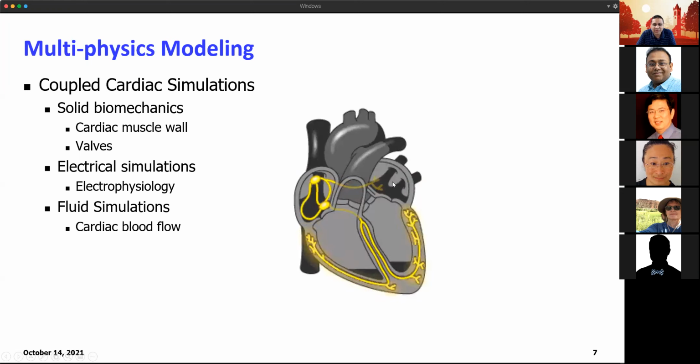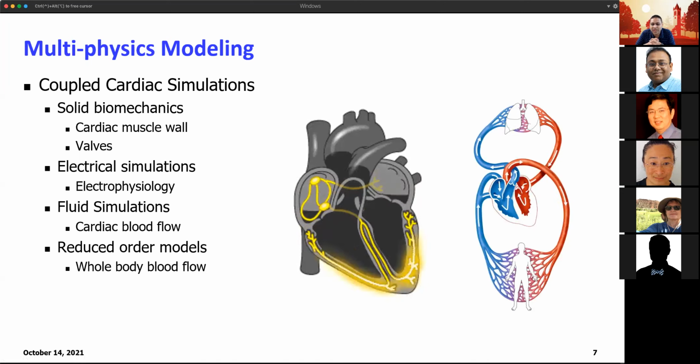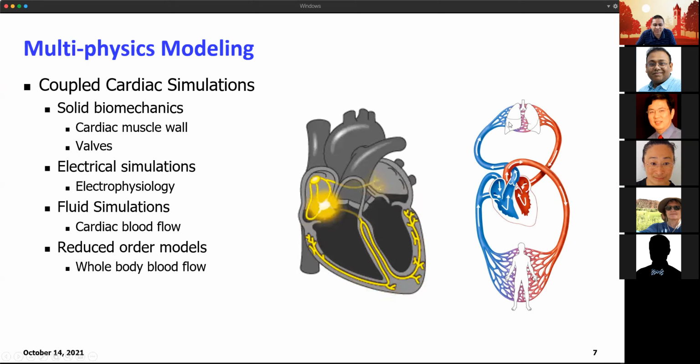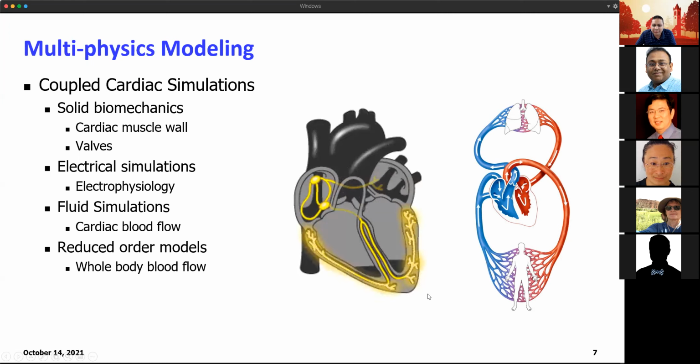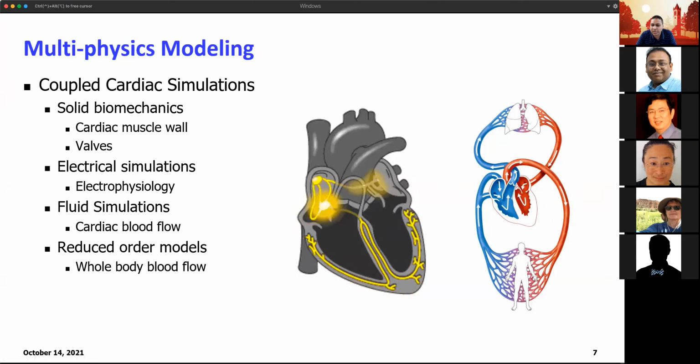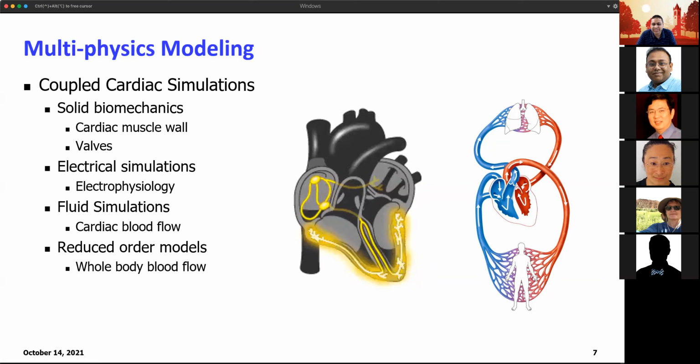And then you cannot model the heart as a standalone model. You have to couple that with the blood flow in the whole body. That's where you have to couple it with what are called reduced order models, one-dimensional or zero-dimensional models, for the whole blood flow simulations.